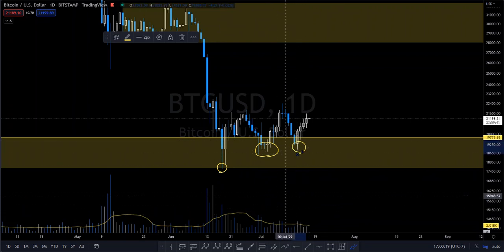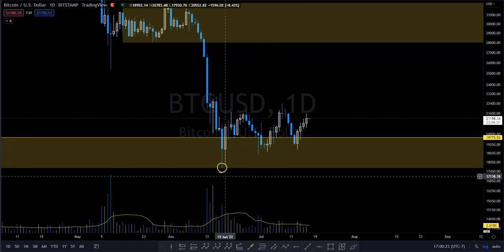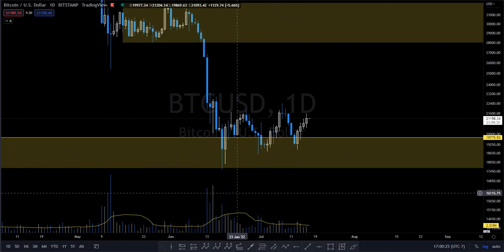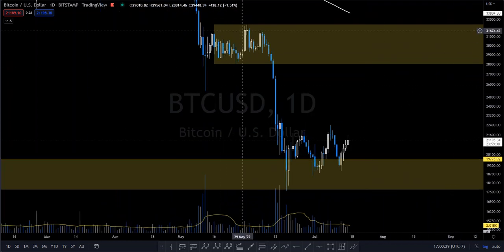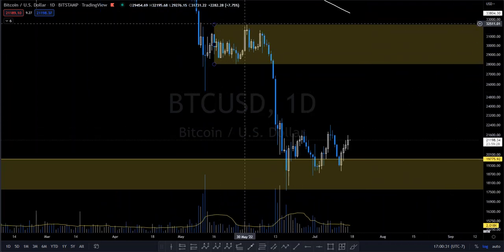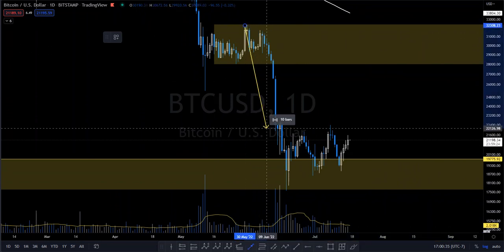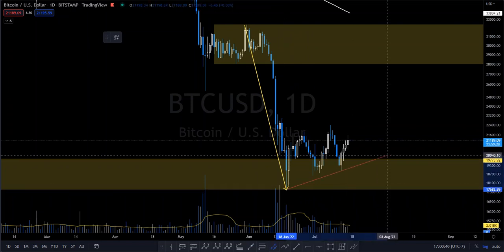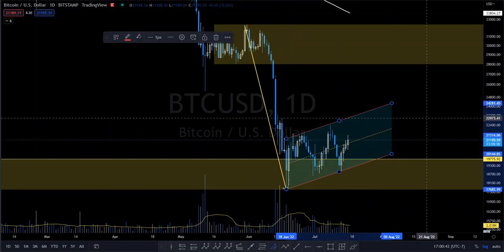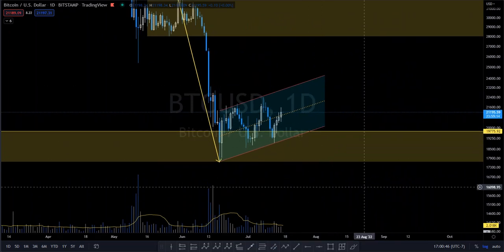So basically the price tries to form a bullish pattern, but we cannot forget that after a very sharp drop like this from here to here, this pattern would be a correction, and probably we can see another wave to the downside.